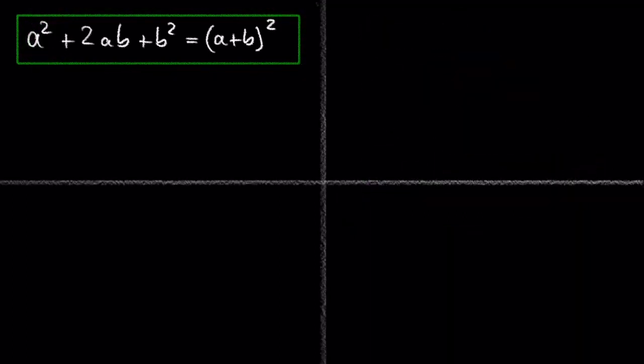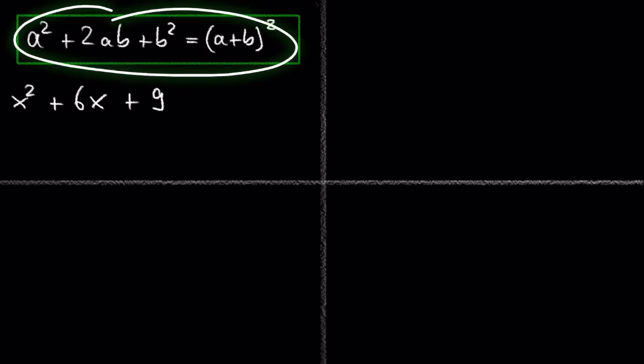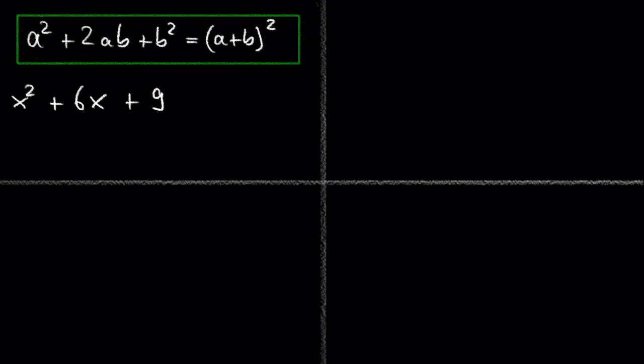So let's start with this trinomial, x squared plus 6x plus 9, and see if this fits into this pattern. What we can do first is to write the squared parentheses with the plus sign.